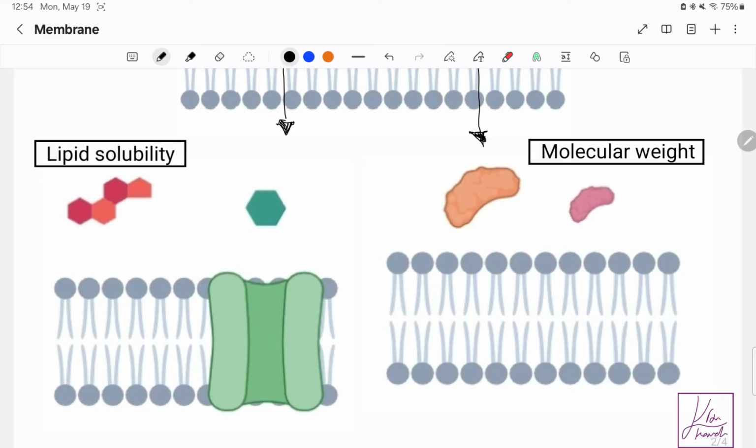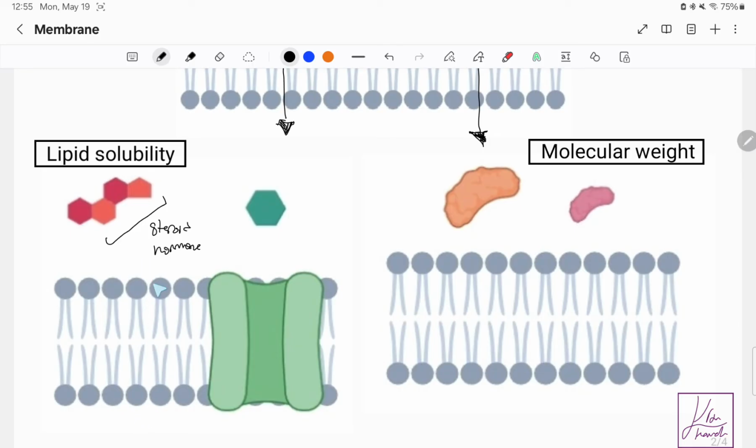So if you're lipid soluble, such as O2 or CO2, you have an easier time moving through this lipid bilayer. Many steroid hormones are lipid soluble, which are made from cholesterol, which is a lipid. Examples are testosterone, estrogen, cortisol, or aldosterone. All of these are easily lipid soluble.